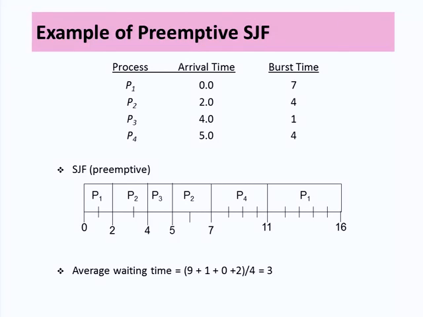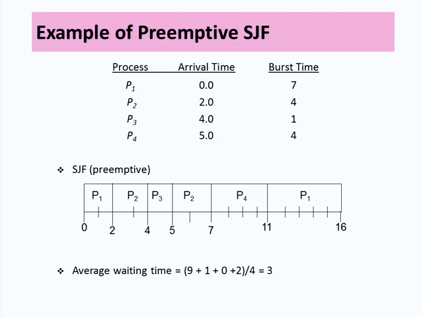P2 arrived at t equals 2, and it started the service at t equals 2. But did it finish? No. It started again at t equals 5, and after that it finished, right? Which means from t equals 4 up to t equals 5, which is 1 millisecond, where was P2? Queuing, right? So that's 1 millisecond for P2.